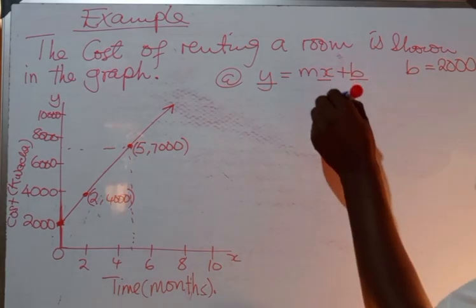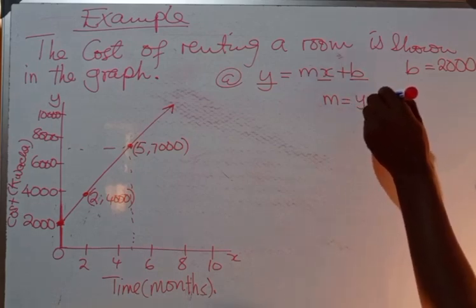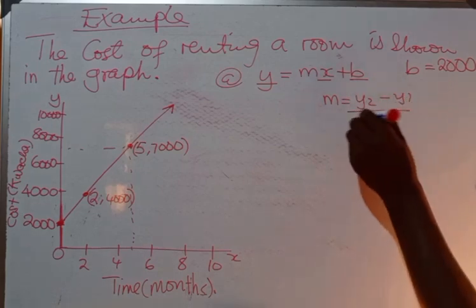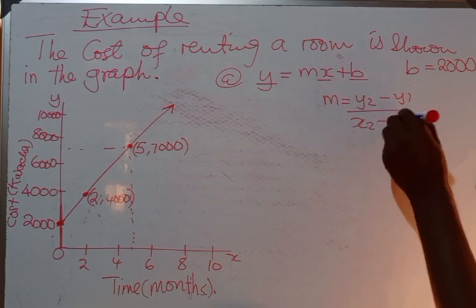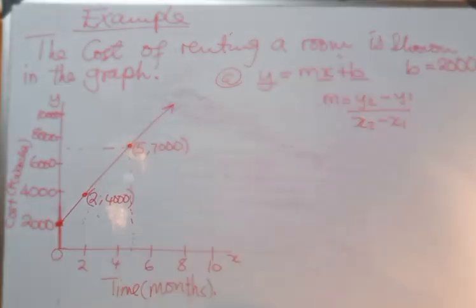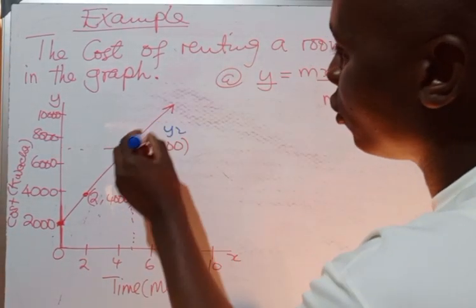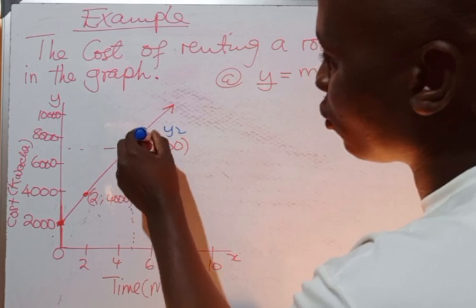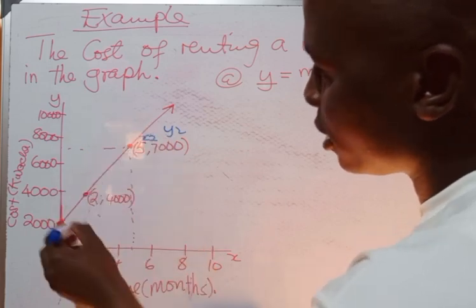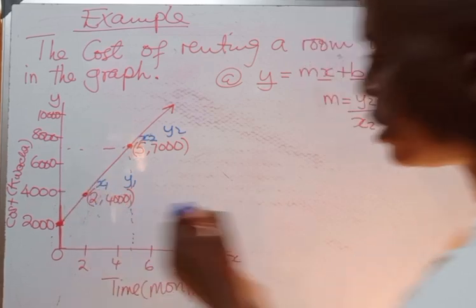Since m is the gradient, it will be y2 minus y1 over x2 minus x1. We name this one our y2 and this one our x2, then this one will be our y1 and that one our x1.